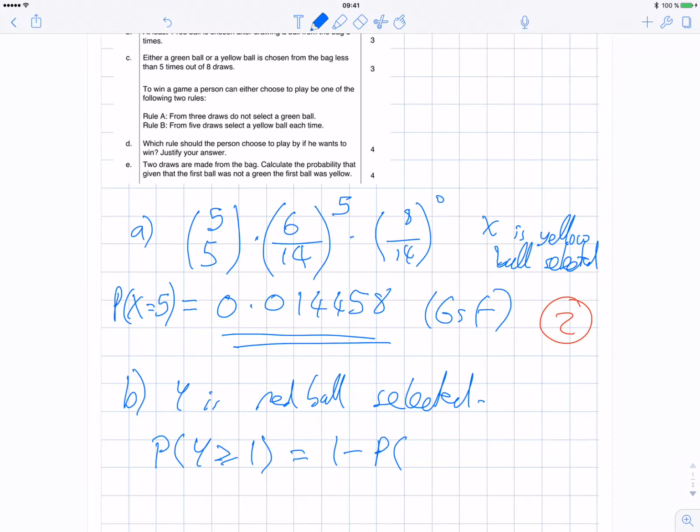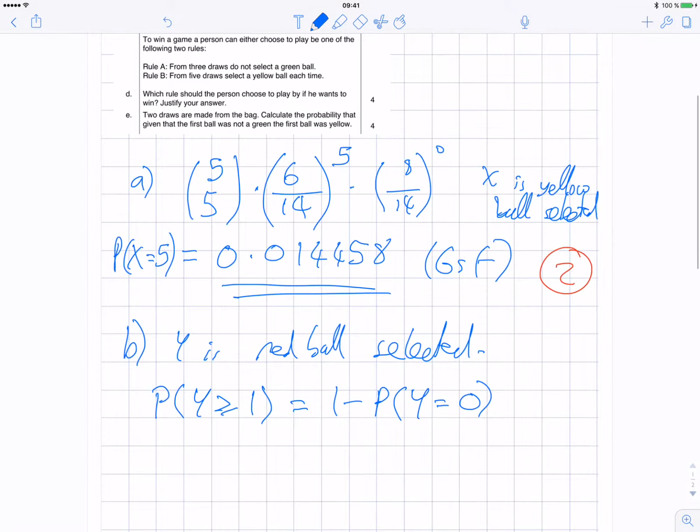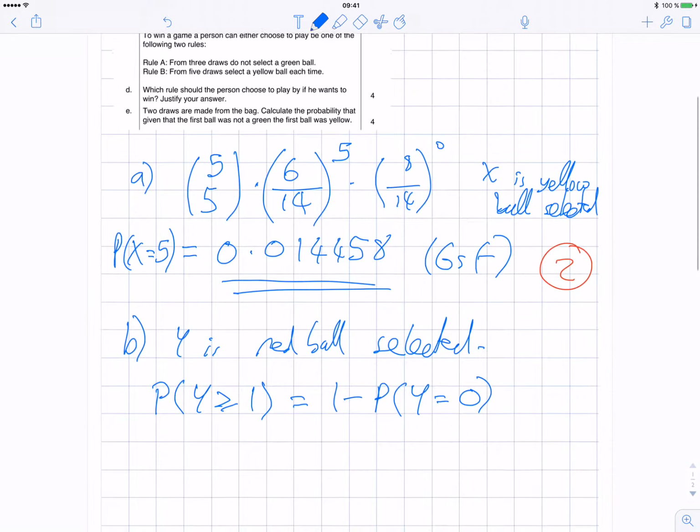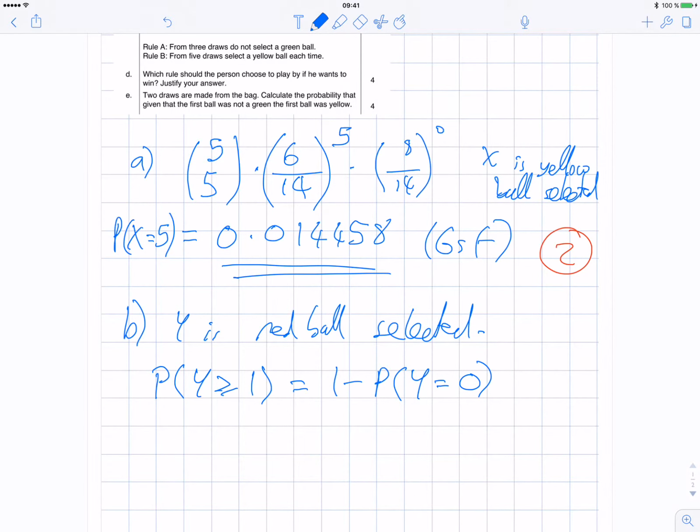And there's more than one way of doing it; I'll explain as many different ways as I can. That means 1 minus the probability that there are no red balls selected. Maybe I should have used an R rather than a Y. So 1 minus the probability of that.